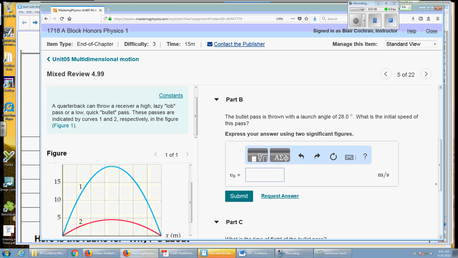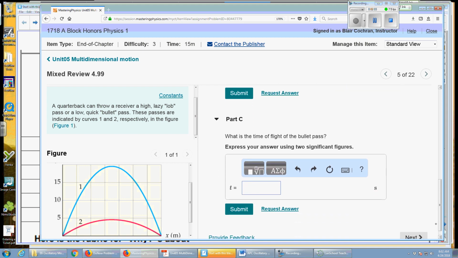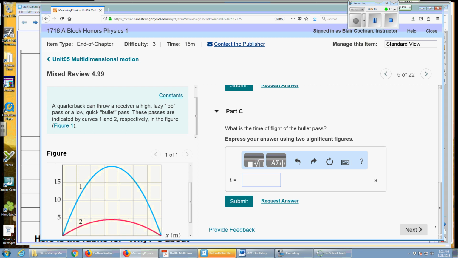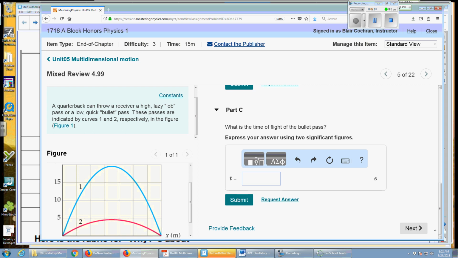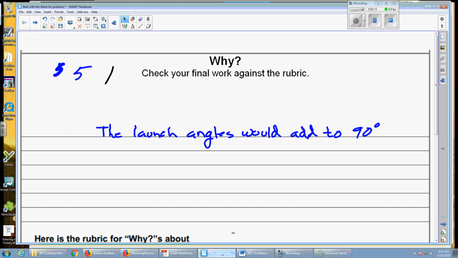If they have different speeds, then they don't have the same complementary angles. Okay. Alright, so this we want to get rid of, since they're not at the same speed.